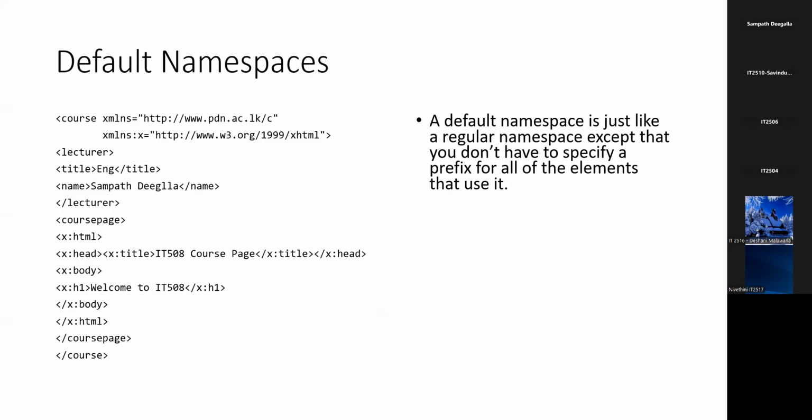This is what we call the default namespace. We don't have to specify a prefix. Although we have the title here, we are not using any prefix. So we call this a default namespace. That's the term we use when resolving conflicts. You don't have to always define the namespace. You can have some tags without any prefix, and normally we call them default namespaces.